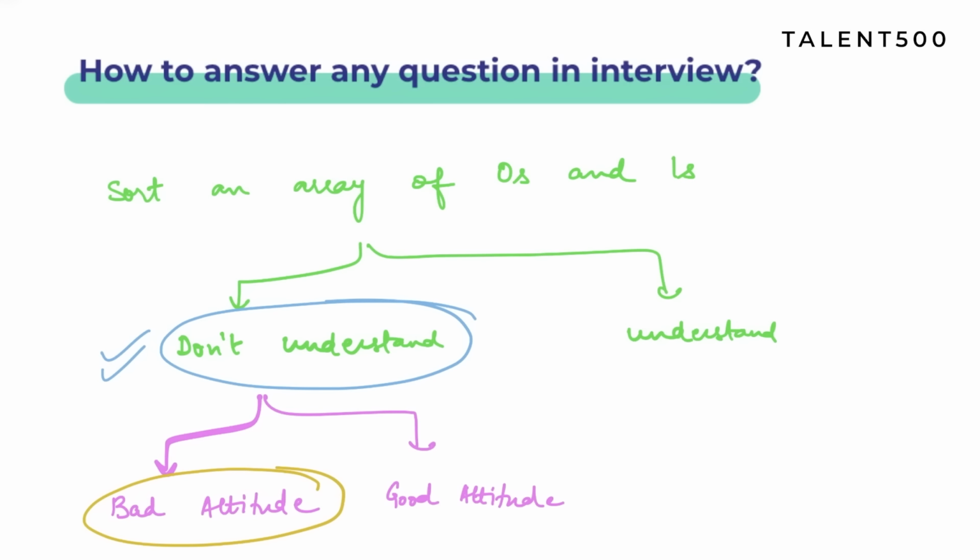Okay, the second one we have here is, what if you understood what the question is? Then what should be your approach? I have seen a lot of people who directly jump into implementation of the question, and that is a very bad approach. Why?